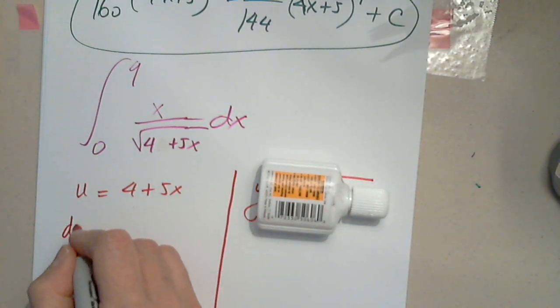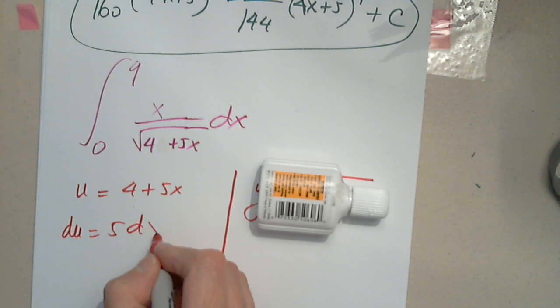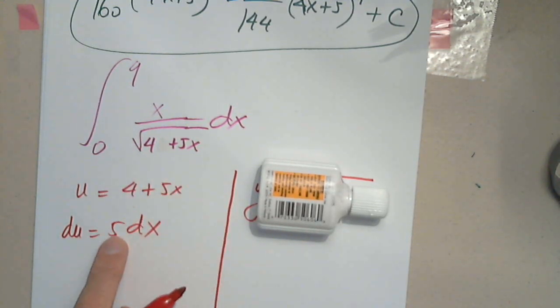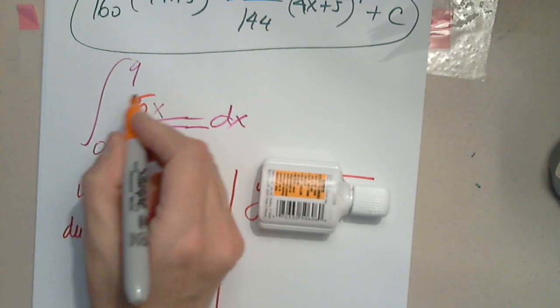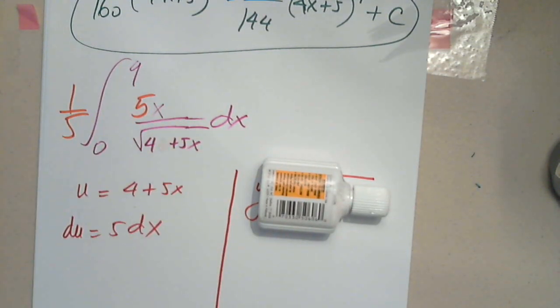And here I have du equals 5 dx, because when I differentiate this I get 5, but I have the differential, so I have to multiply by dx. So I don't have a 5 in there, no problem. 5 is easy to make up.